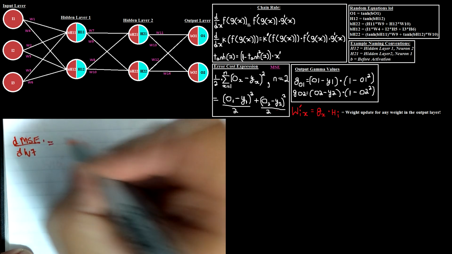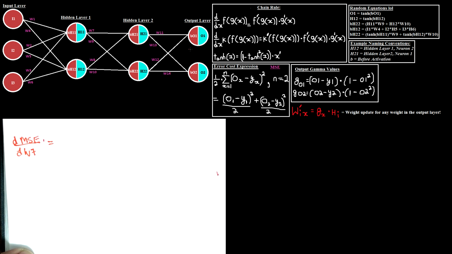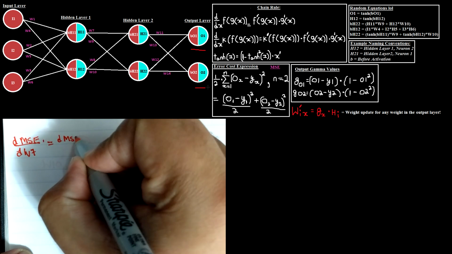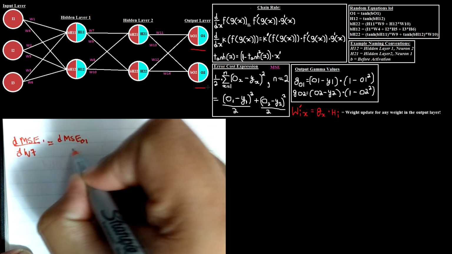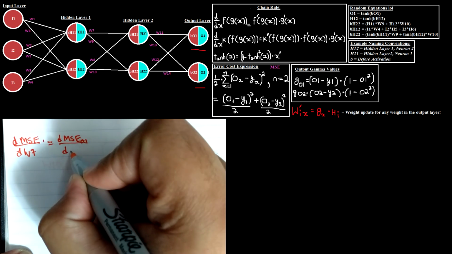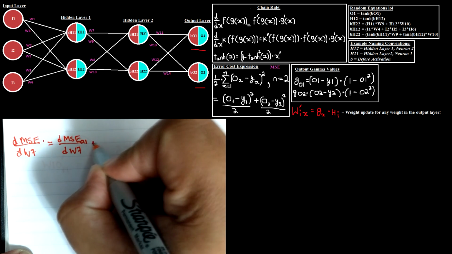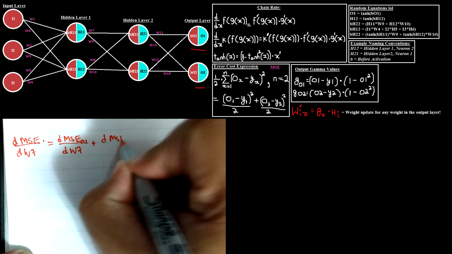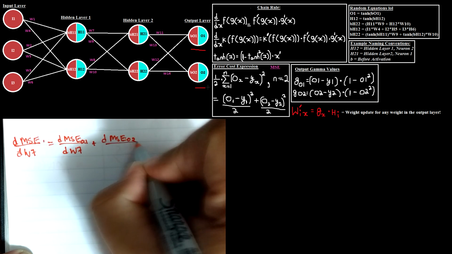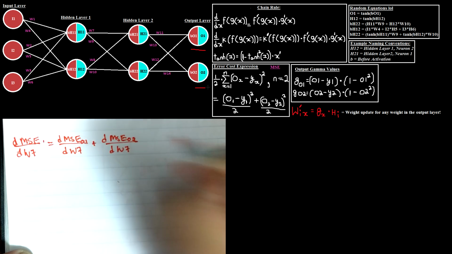Since weight 7 indirectly affects both output 1 and output 2, we have to take both components: the derivative of mean squared error of output 1 with respect to weight 7, plus the derivative of mean squared error of output 2 with respect to weight 7.